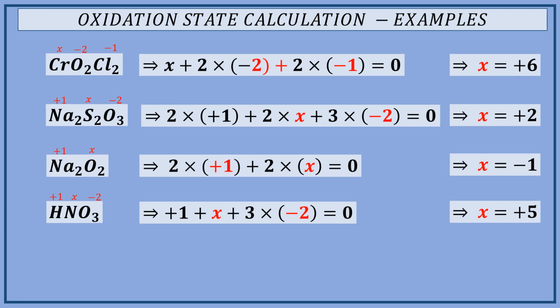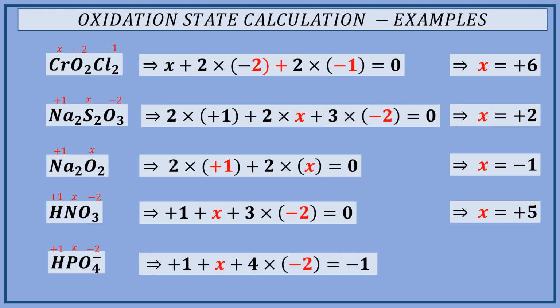Let us solve our final example, HPO4 minus. We have to calculate the oxidation state of phosphorus. Again, for hydrogen it will be +1, for phosphorus it will be X, and for oxygen it will be -2.